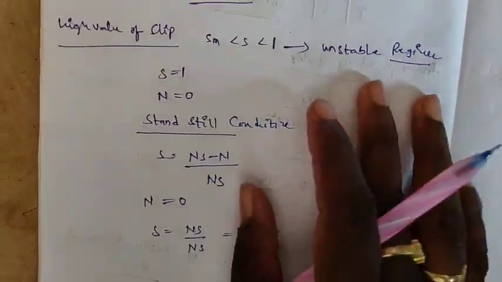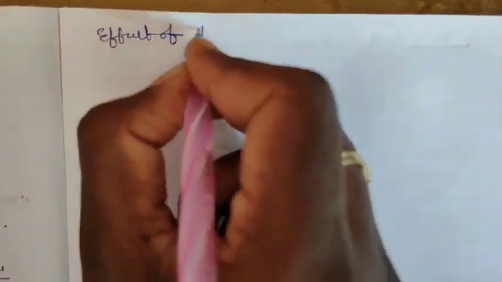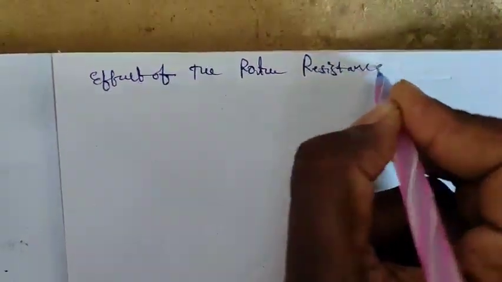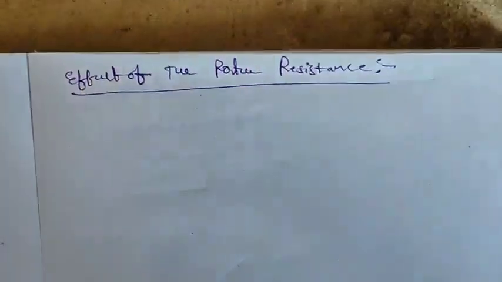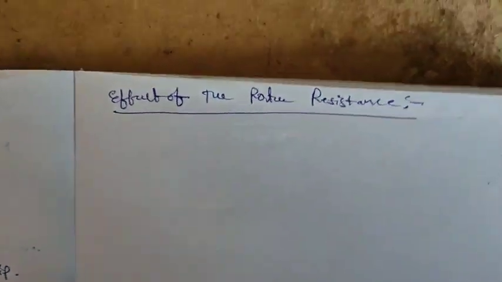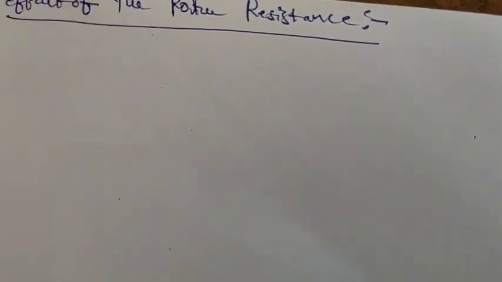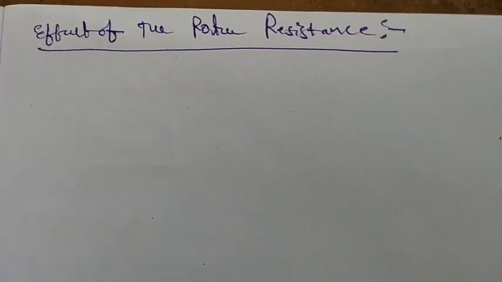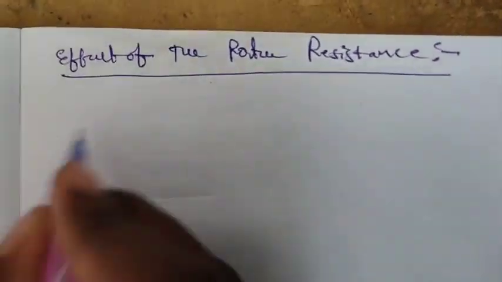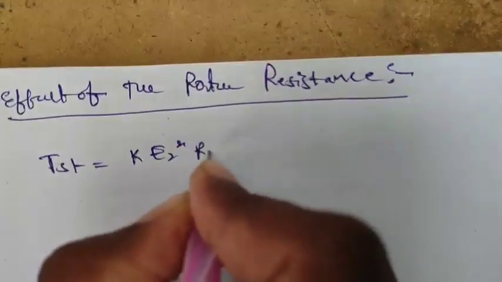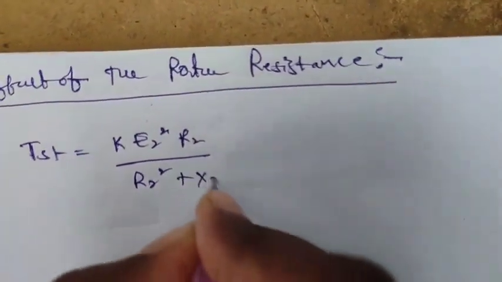So next we can see the effect of the rotor resistance. In the torque equation, how much effect does the rotor resistance have on the starting torque, on the maximum torque, and on the full load torque? So T start equal to K into E2 square R2 divided by R2 square plus X2 square.